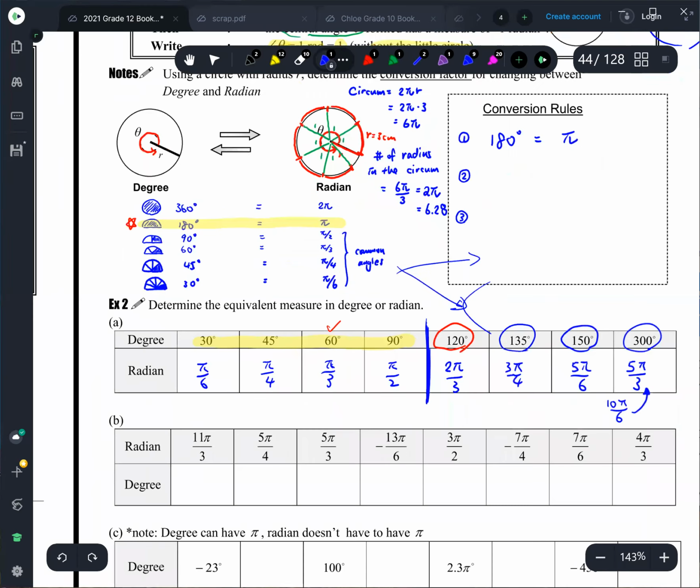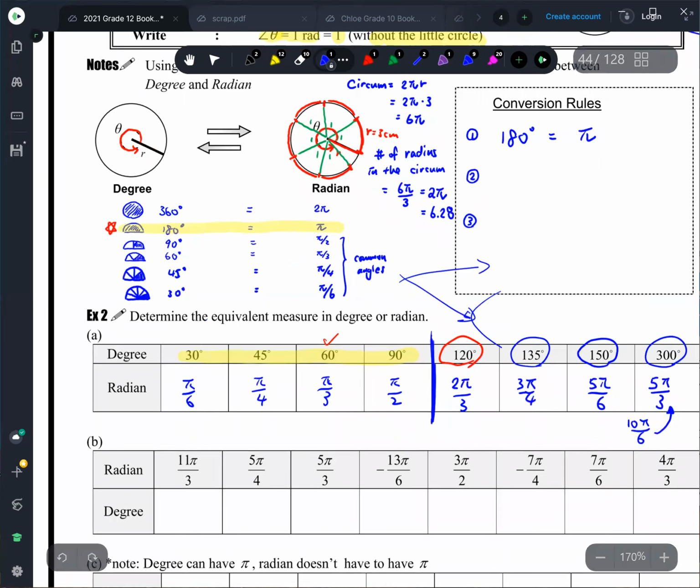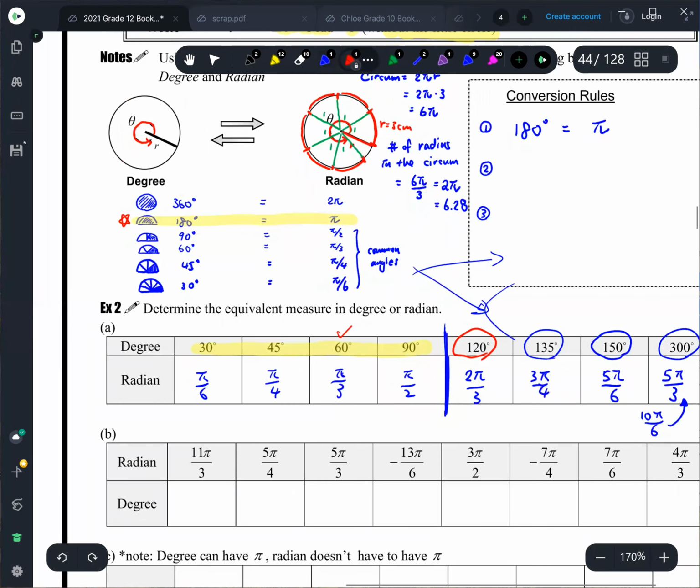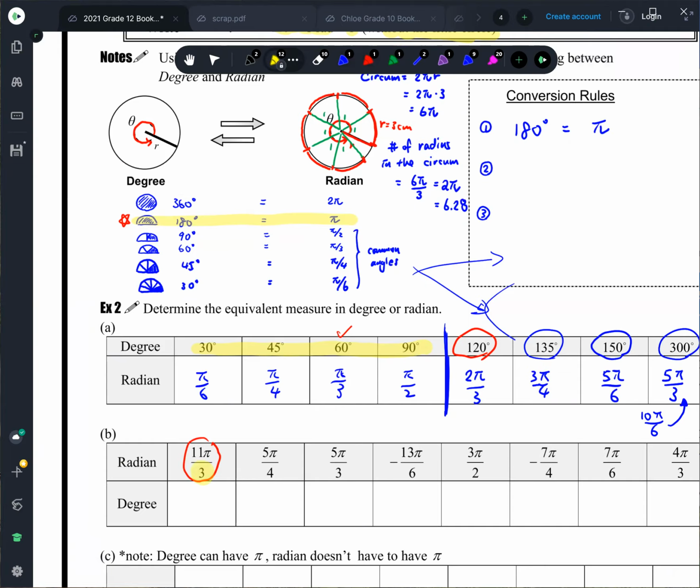So the bottom part, the next part, we need to do one more, okay? The bottom part, now you are more familiar with the radian, okay? So going backwards will be easy. So for example, you look at the first one, you have 11 pi over 3. So now you see the denominator is 3. So that's got to do with 60 degree, right?